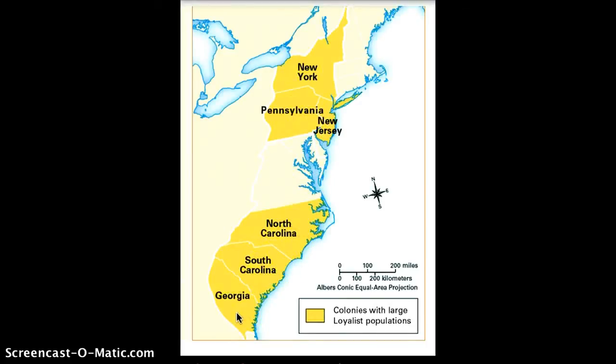Those colonies have a large loyalist population. What does that tell us in our quest for independence from Great Britain? Are they going to help the cause of independence, or are they going to make it more difficult? Those are questions that we need to think about and understand as we approach information in Chapter 5.